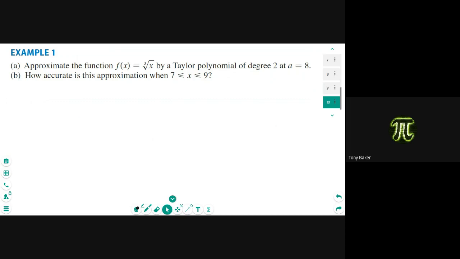So let's figure out this series. So your Taylor series, if you remember back from the very beginning, the very first thing I did. Hold on, scrolling back. So I'm going to copy it back over. There we go.